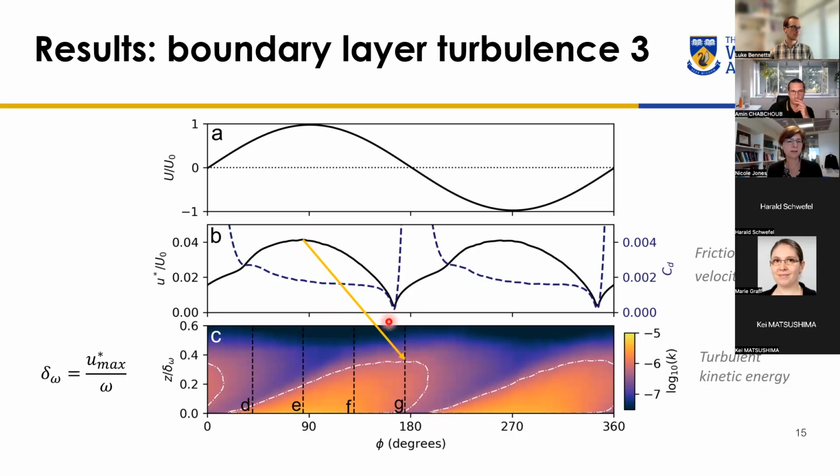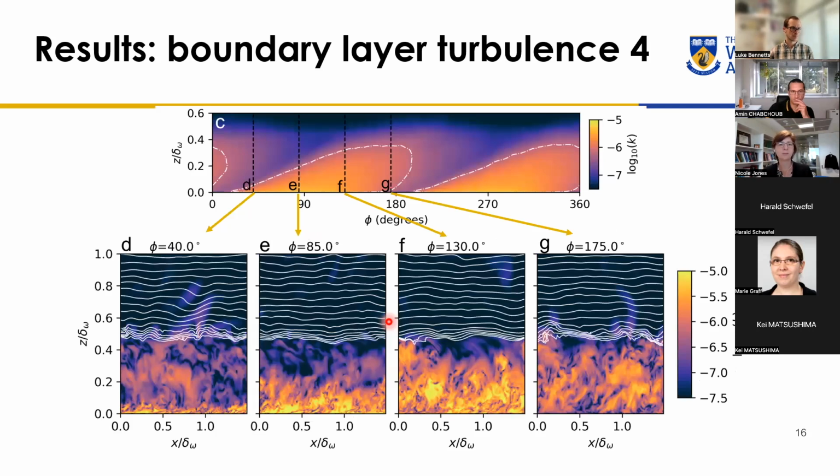This story is seen in more detail if we look at snapshots of what the turbulent kinetic energy looks like, instead of looking at these averaged images. This is just looking at 4 different times within that half cycle.